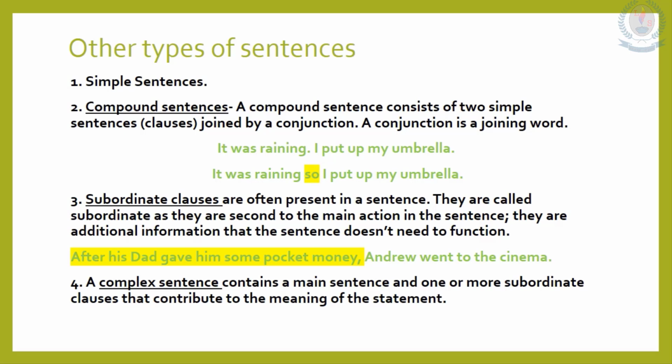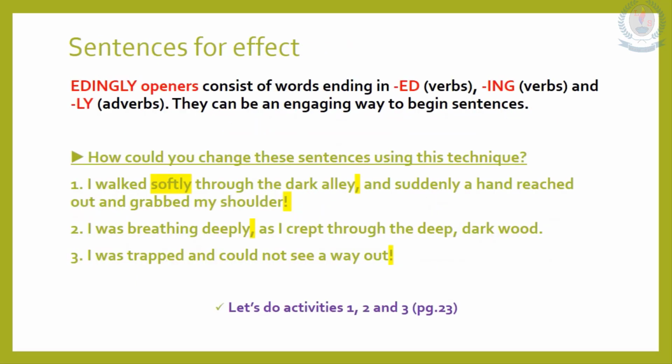Fourth one, a complex sentence contains a main sentence and one or more subordinate clauses. That means it's a combination of what we have studied earlier, right? This means complex sentences are longer. Sentences for effect, right?